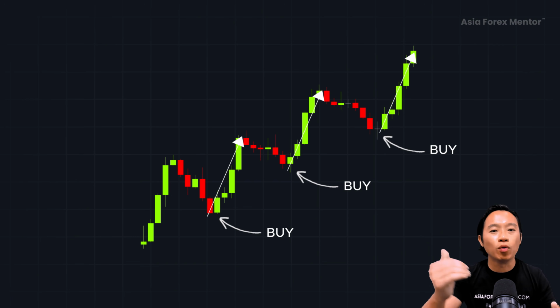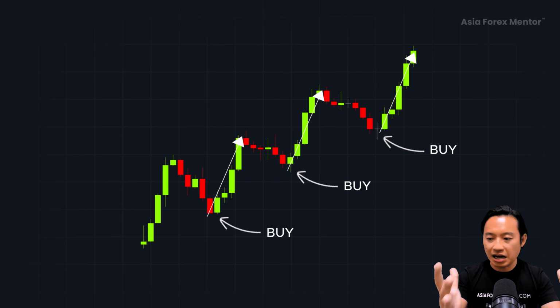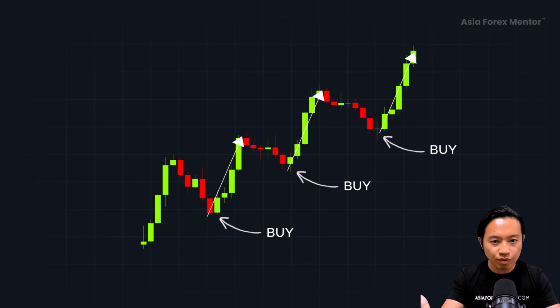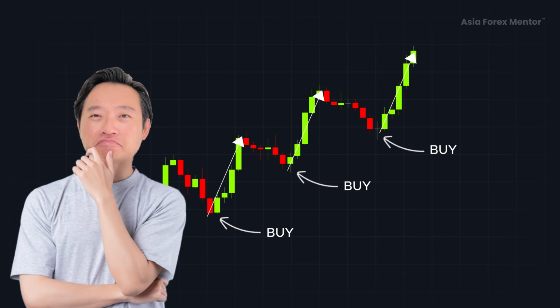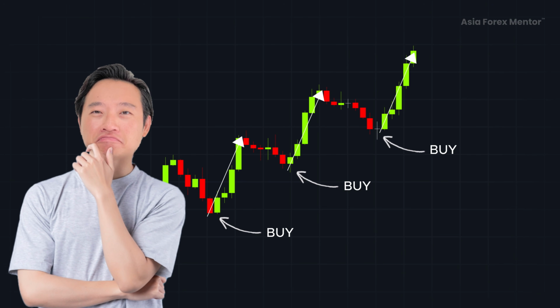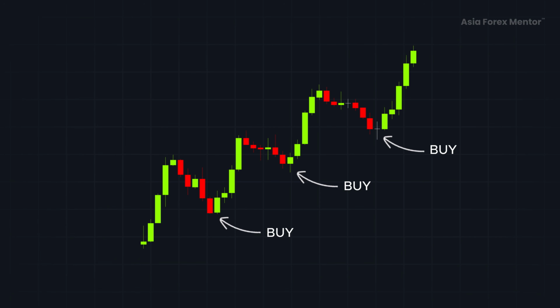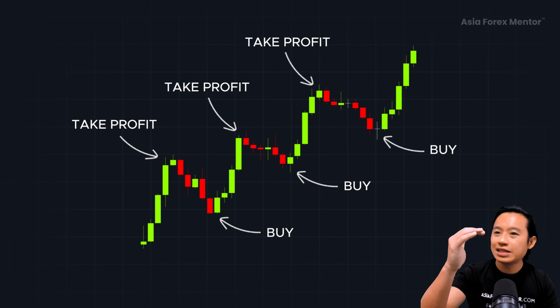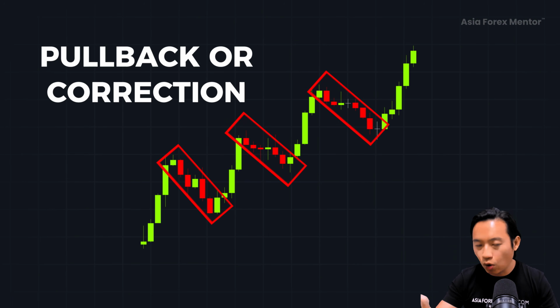This upward momentum reflects strong confidence in this currency or this stock's potential. However, as the price rises, some traders may start to feel that maybe this currency is becoming overvalued, and they decide to take profits off. Some people may also go short, which can trigger a pullback, or what you call a correction in the market.